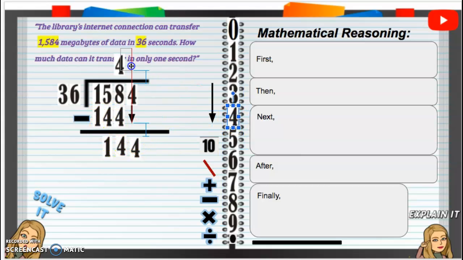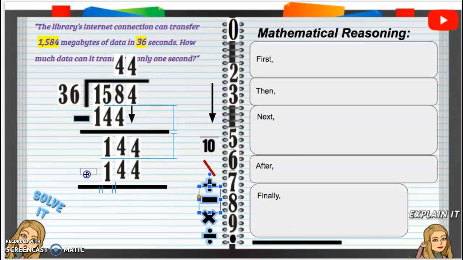It can go in 4 times. So I'm going to put that 4 up here. 36 times 4 is 144. And when I subtract 144 minus 144, that equals 0. There's nothing else to bring down and there's no remainders.